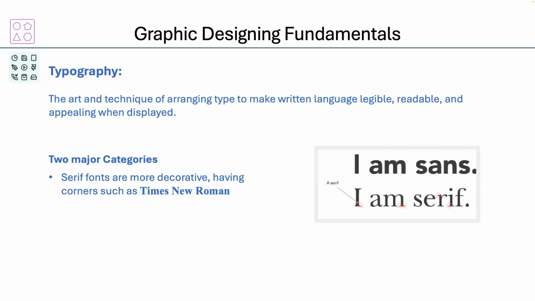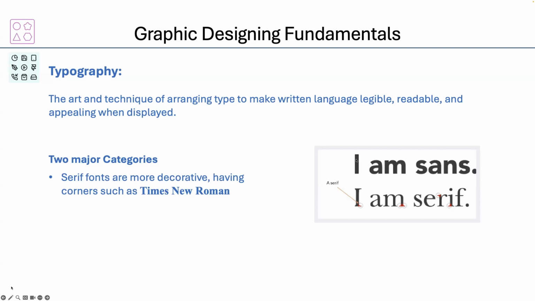You can divide the fonts into two categories. One is called serif and the other is called sans. So if you see, there are two same phrases. I am sans. Sans is a type of the fonts.